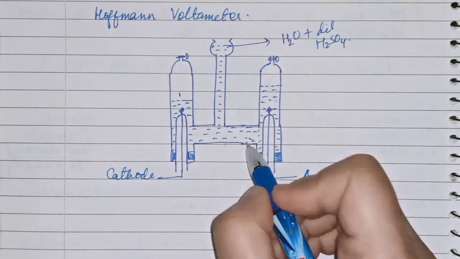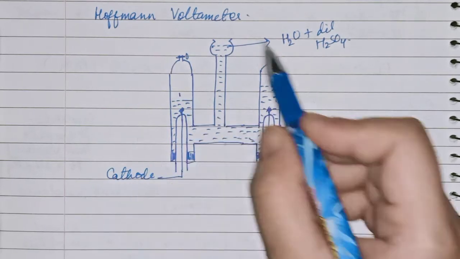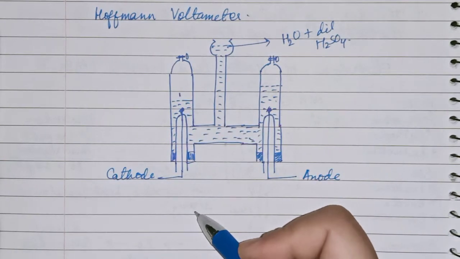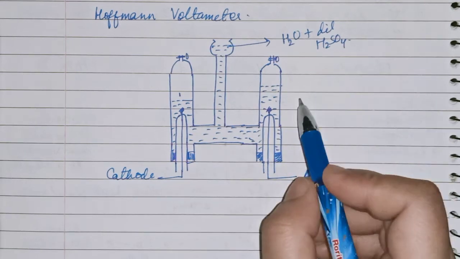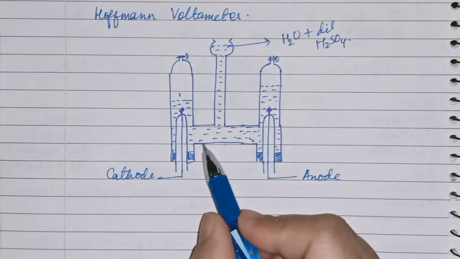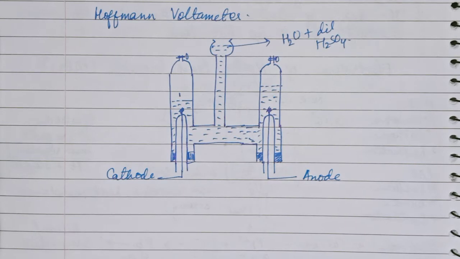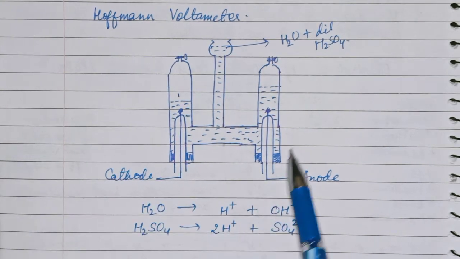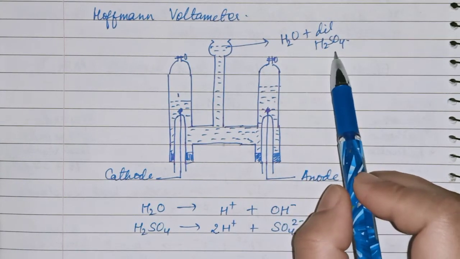When the electrolysis takes place in this voltameter, the ions get attracted towards the oppositely charged electrode. It is a mixture of water and H2SO4.